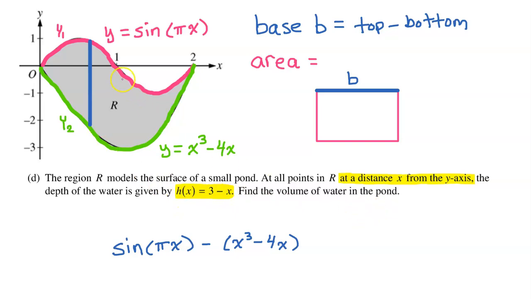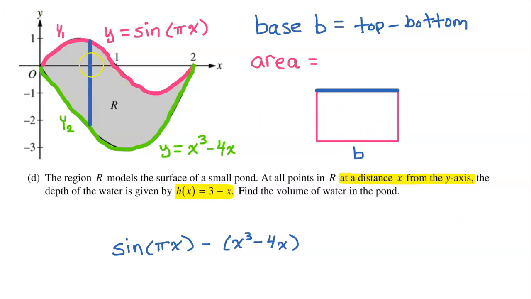So for example, imagine that you were 1 unit away from the y-axis. Then at that position, the depth of the lake would be h at 1, which would be 3 minus 1, which would equal 2. So that would mean that the entire bottom of that slice would be at a depth of 2 units.